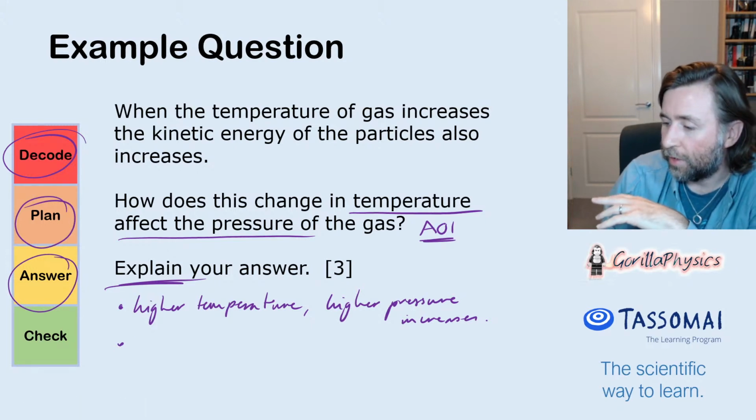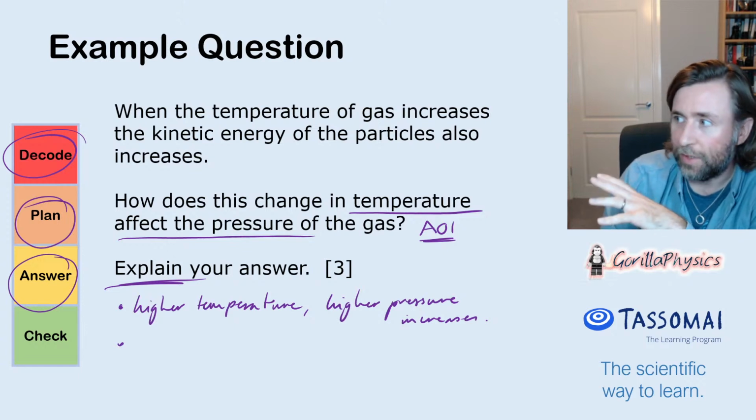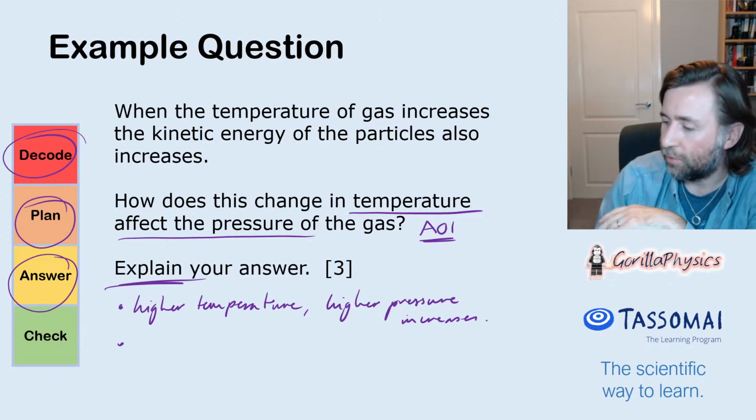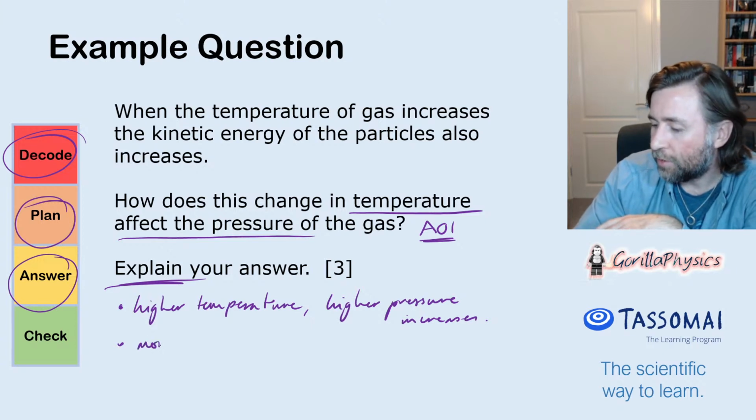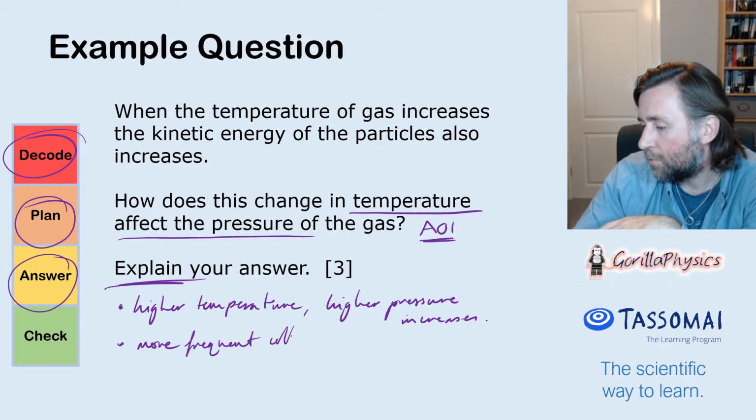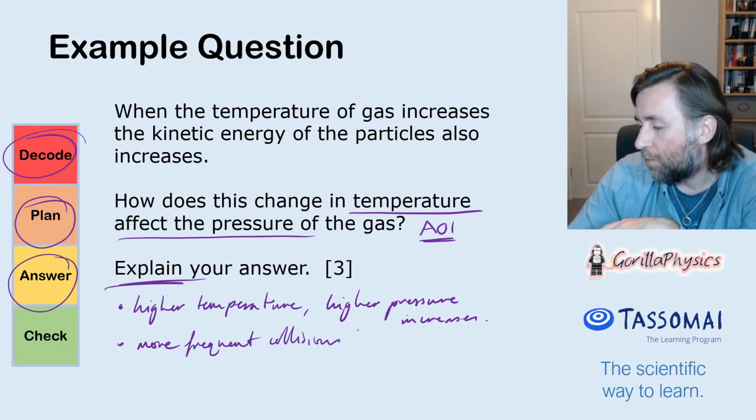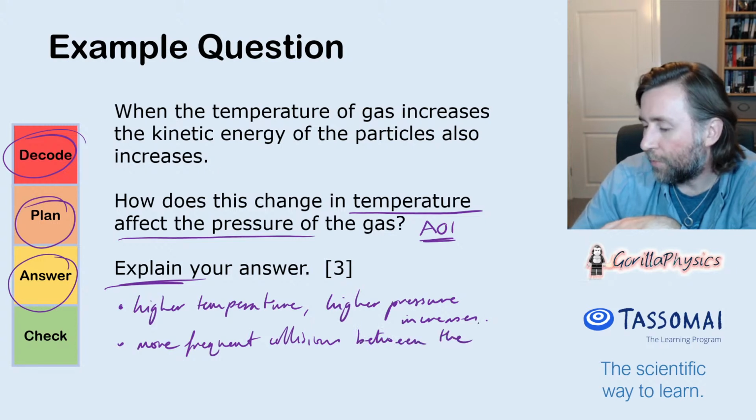Then explain your answer. So there's actually 2 marks for this, and that is going to be the higher pressure is caused by more frequent or more often collisions between the particles and container.